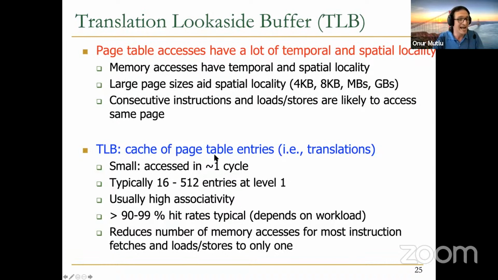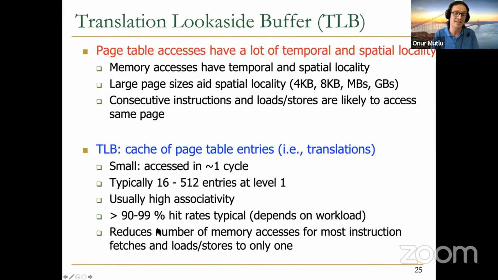And it's small, usually accessed in the order of 1 cycle or 3 cycles, somewhere around that. Typically, its size is small at level 1. Actually, 512 entries is quite large for level 1. And typically, just like any other cache hierarchy, you can have a TLB hierarchy as well. Later on, we will see an example of this. Usually, it's highly associative. Usually, you get very good hit rates, but it depends on the workload.